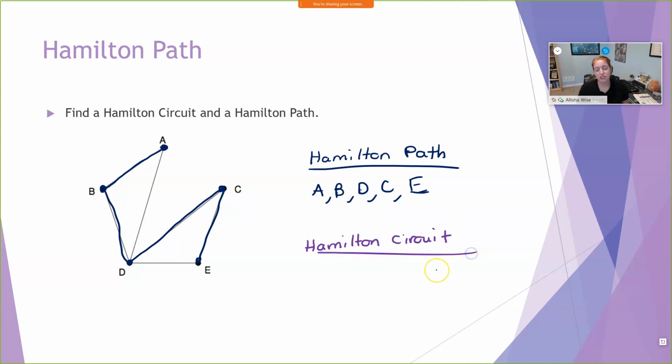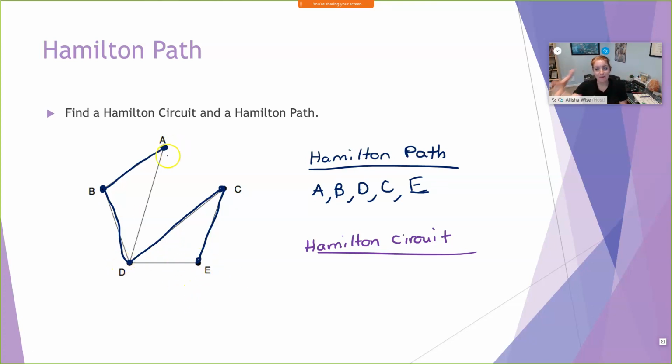So if you're going to do a Hamilton circuit, you have to get back to that beginning point. But what's the problem, Mark? As you mentioned before, past D twice. We can't repeat those vertices.